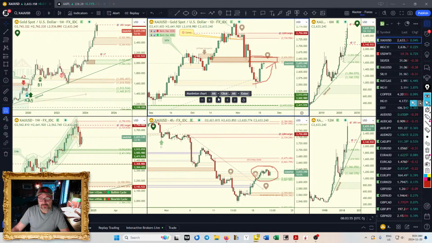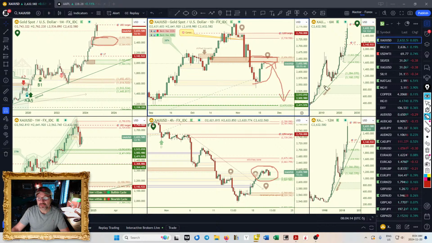To time an entry here is going to be a little bit tricky. You need to go down to the lower time frame charts, because I do believe that there's going to be a push down here like this, which is going to bring price down into the area of demand down here.